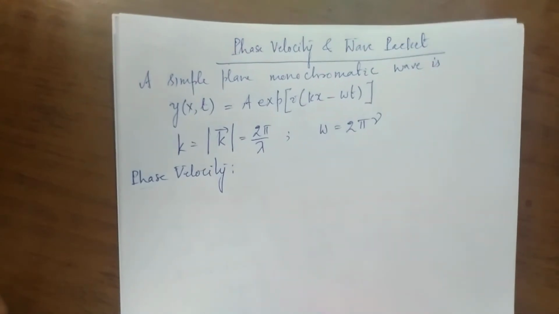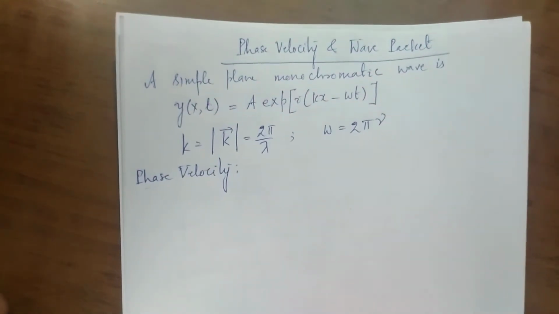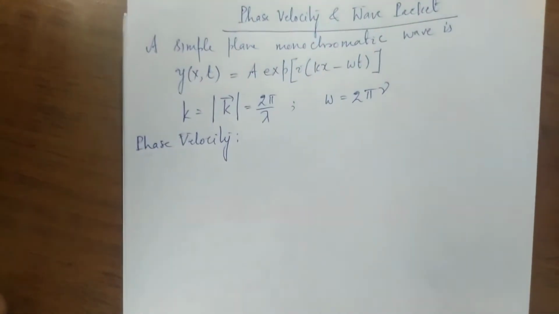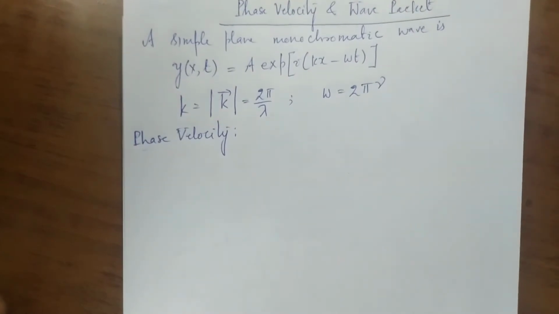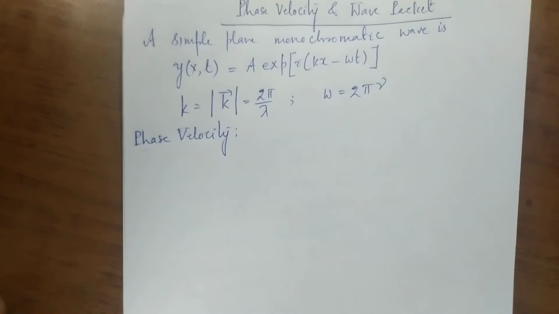So phase velocity is the velocity with which a point of constant phase travels in the medium. For example, when we throw a stone in a pond, ripples are created on the surface of water, and the disturbance spreads in the form of concentric circles.